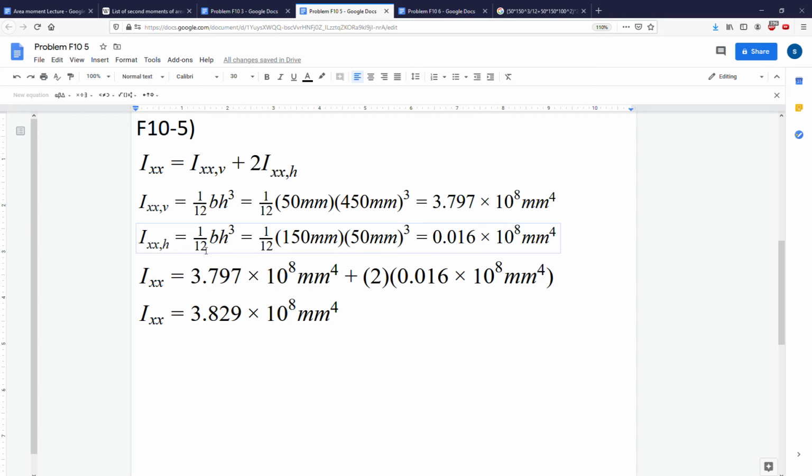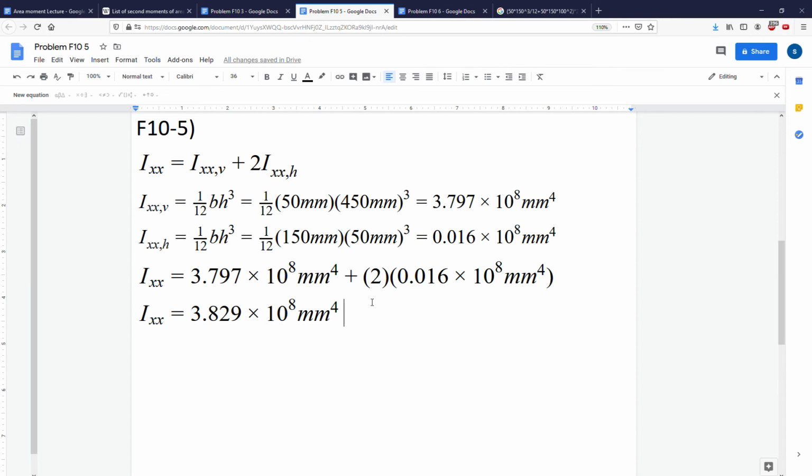So to find the total moment of inertia, we take the moment of inertia of the vertical piece plus 2 times the moment of inertia of each of the horizontal pieces, add them together, and we get 3.829 times 10 to the 8th millimeters to the 4th power.